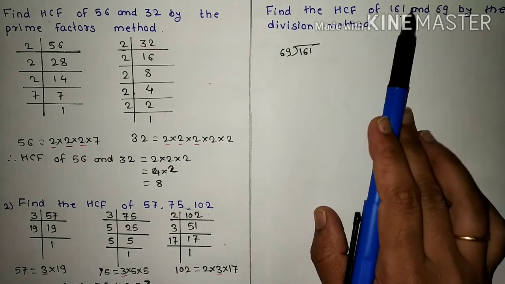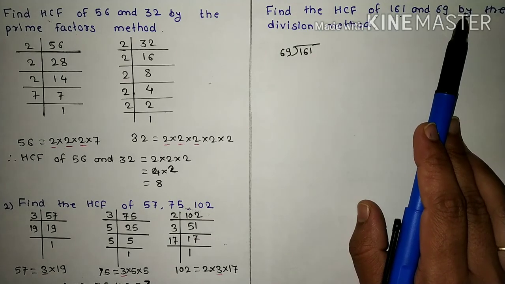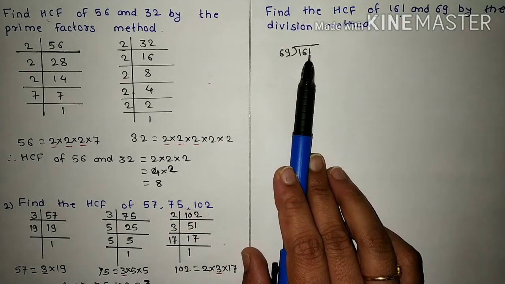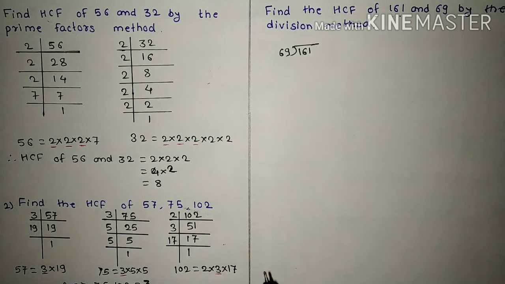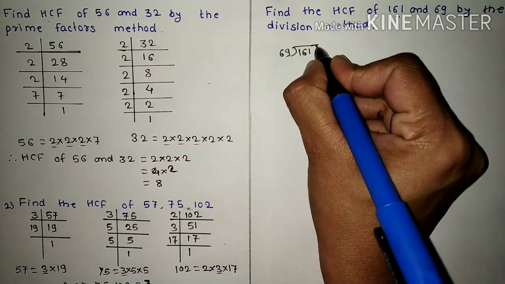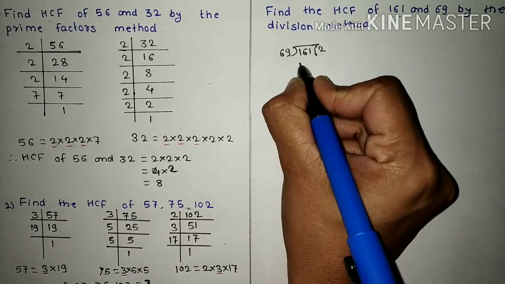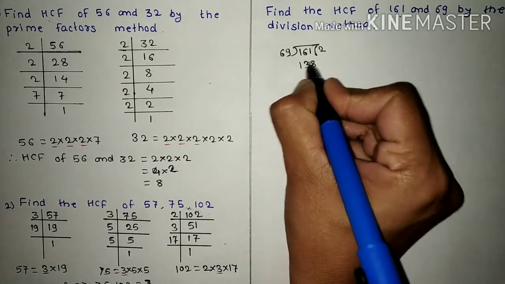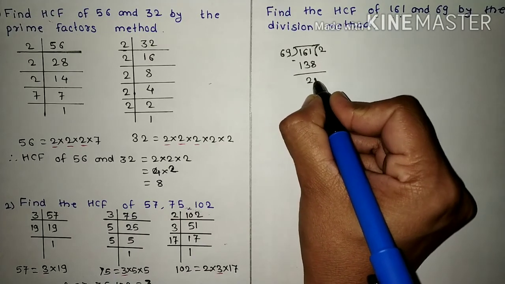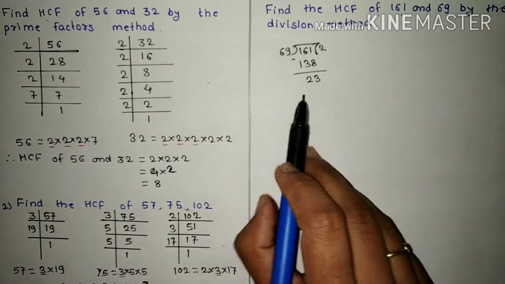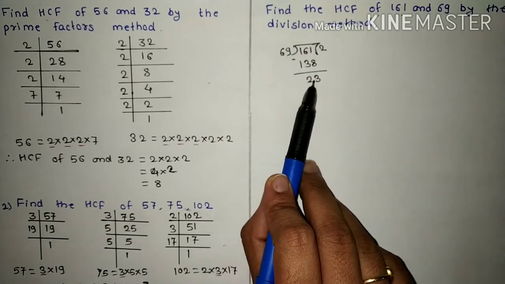In this example, the bigger number is 161 and the smaller number is 69. So we divide 161 by 69. Here write quotient 2; 69 twos are 138. After subtraction you get 23.